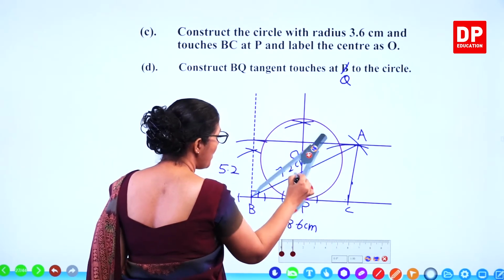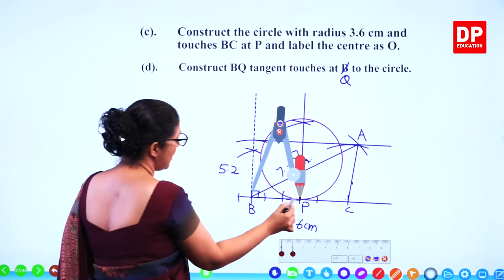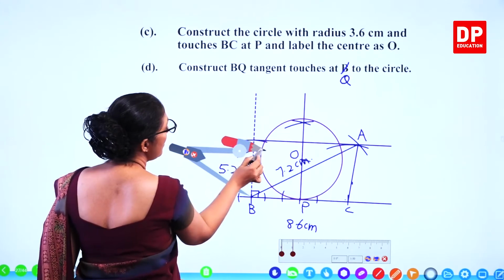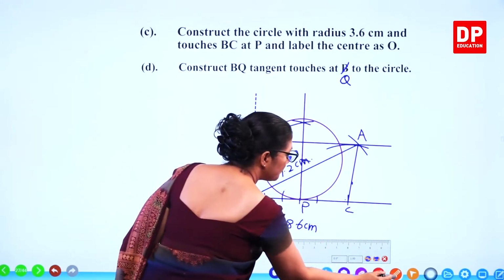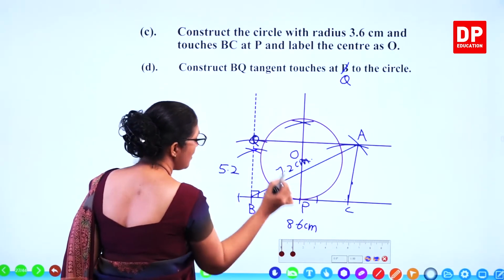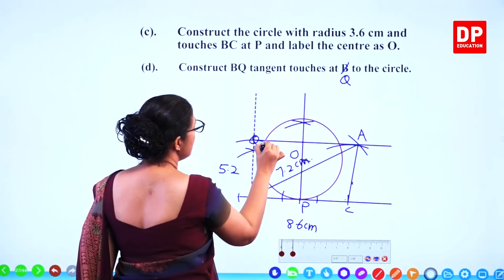We can use that property. So we'll take this length. BP length should be same as BQ. So we can mark the Q point here. So this is Q point, and we can connect B and Q.